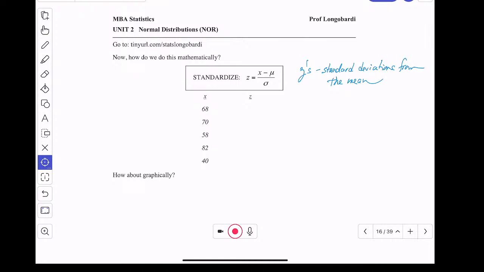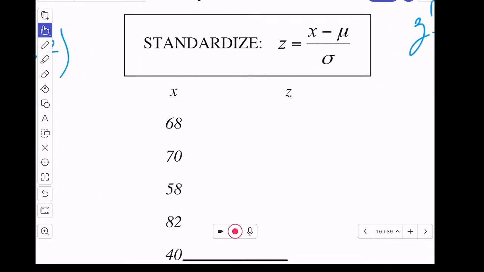So let's just confirm that. Remembering that x is distributed normal with a mean of 64 and a standard deviation of 2, then the z must be equal to 68 minus 64 divided by 2, which is 4 over 2, or 2.